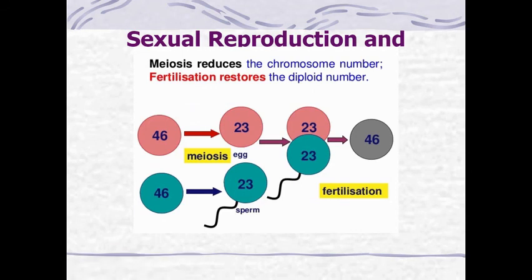Remember that meiosis reduces the chromosome number from 46 to 23. Fertilization restores the diploid number back to 46, so mitosis can take place.